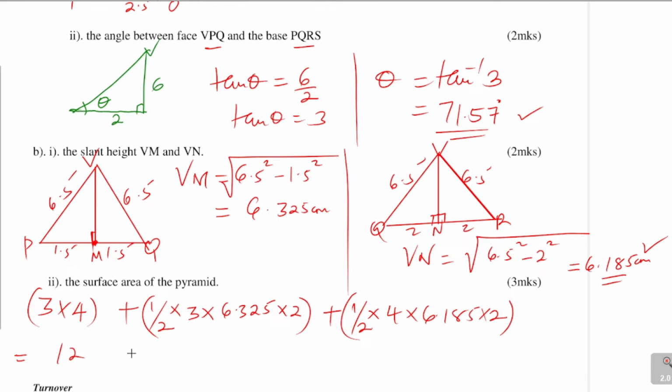This will give 12. Then this one will give 3 multiplied by 6.325, and then when you multiply by 2, of course, you know that this one will divide out. So this will be 18.975, plus the other one is 4 multiplied by 6.185.